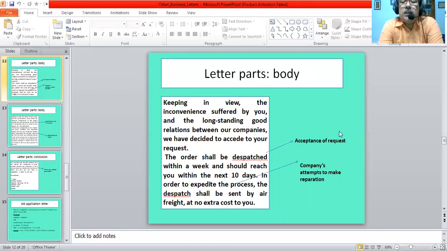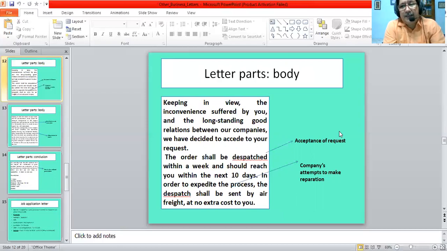So the letter goes on to talk about the compliance of the company with the request that has been made, and gives a timeline also, next 10 days. It also says that the process shall be expedited by an air delivery at no extra cost to the customer.